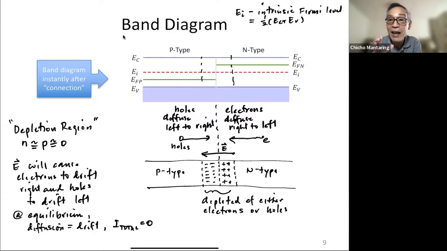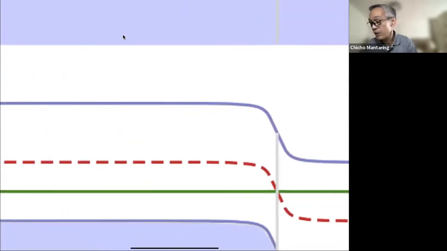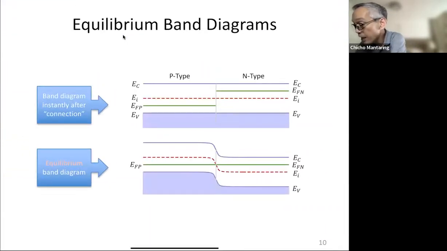So ang mangyayari niyan, okay, across the depletion region, magkakaroon ka ng band bending. Remember we talked about band bending earlier? Ang band bending natin, yung kanan bababa with respect to the right, ano? So parang bababa siyang ganyan, no? So this is original, and this is what will happen. So sorry about that. So this is now my depletion region.